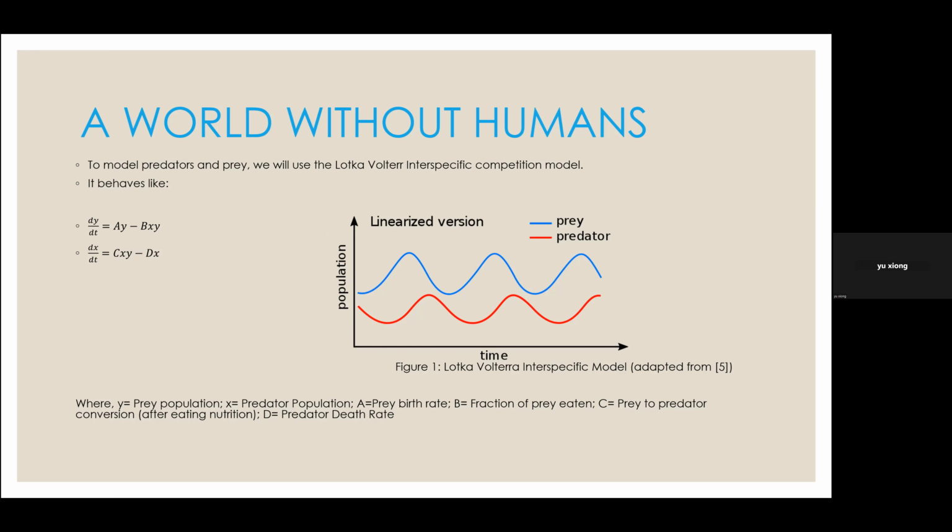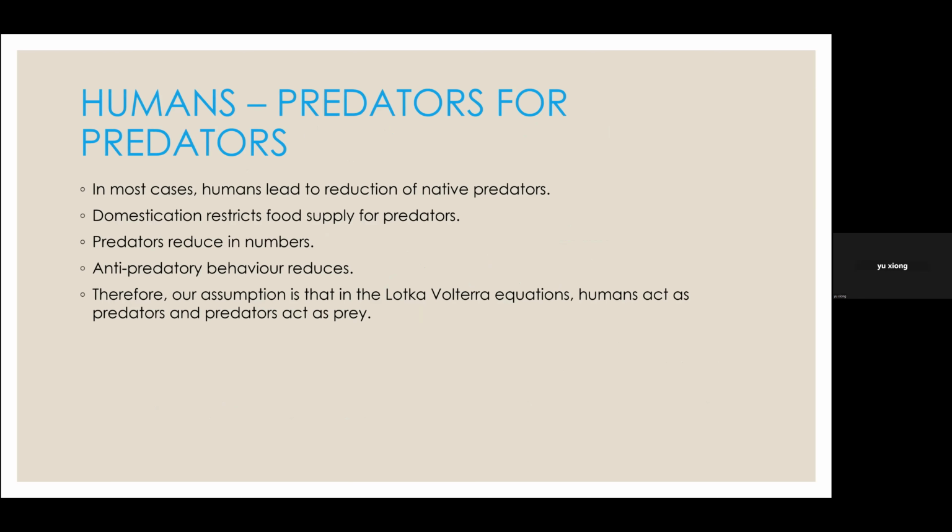First, we list dy/dt, which represents the change of the population of prey, which equals a linear equation, and so for the predator. We're using A to represent birth rate, B for fraction eaten, C for conversion, D for death rate. And the right side is the graph.